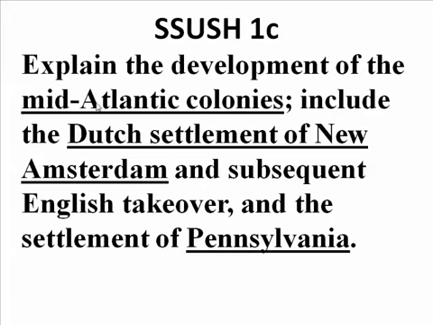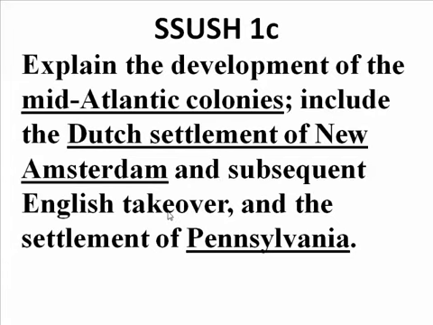Explain the development of the mid-Atlantic colonies. We're talking about the middle colonies here, and then there's a semicolon again. You have to read these things and try to get the gist of what they want you to see. Okay, New Amsterdam. Who are the Dutch? Why did they settle there? And then the subsequent English takeover.